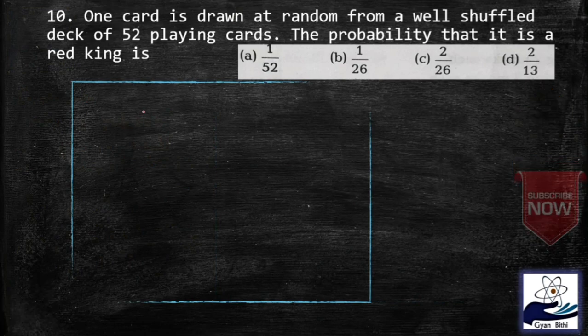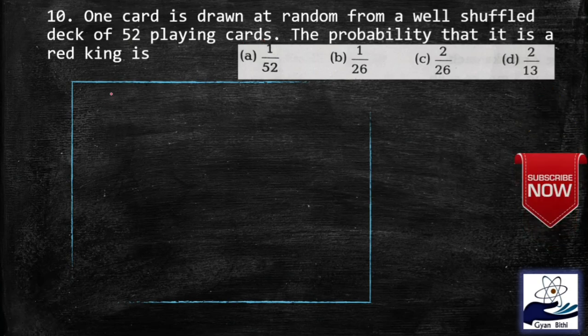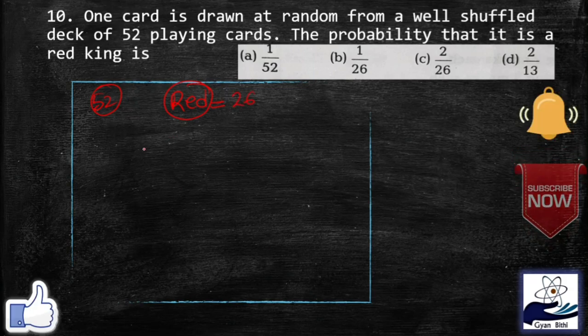Next and the last question. One card is drawn at random from a well shuffled deck of 52 cards. You all know that the total number of cards in a pack is 52, right? You have to find the probability of a red king. You all know that in a pack of cards, the number of red cards is 26 and the number of black cards is also 26, right?